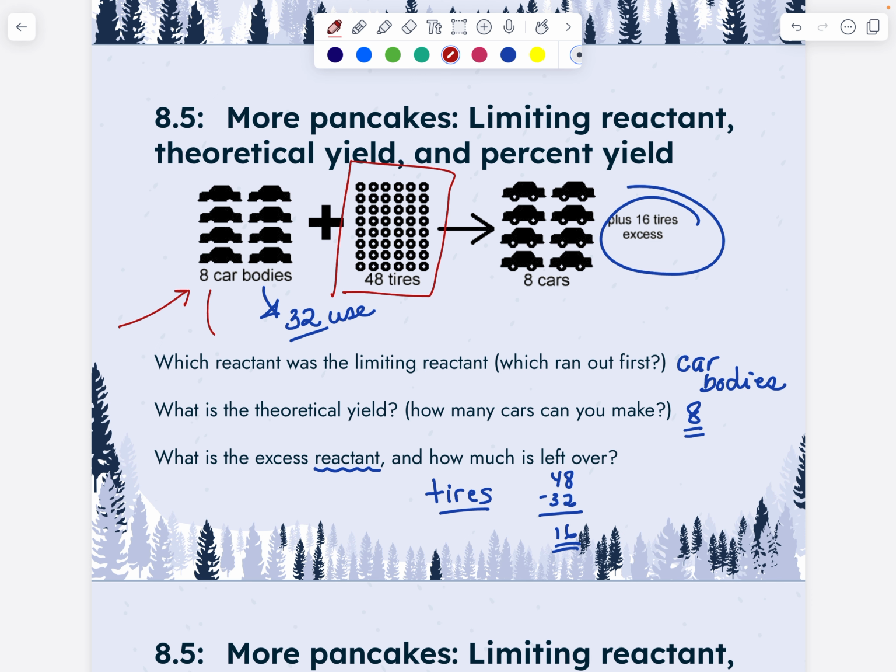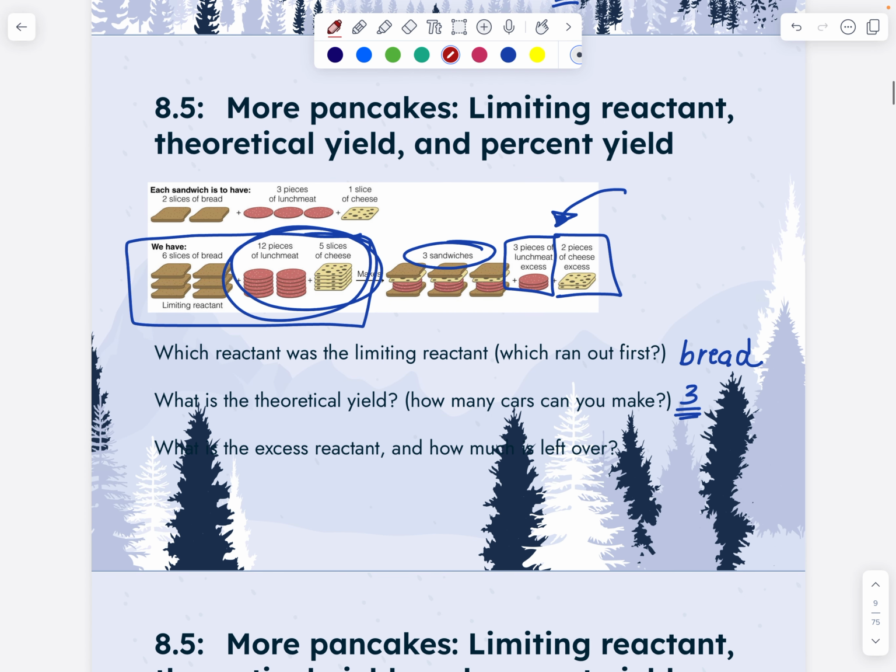In your head, you have to do a little math. Since there are 4 tires for each car, if I use 8 car bodies, I would use 32 tires. I have more than enough. So the tires won't run out, the car bodies will run out. And that's the limiting reactant, right?